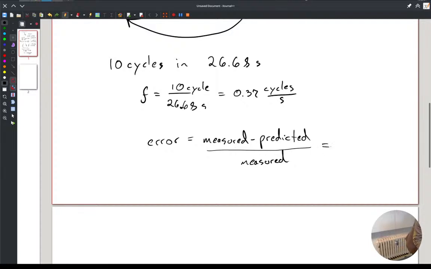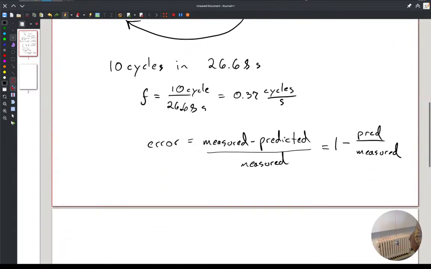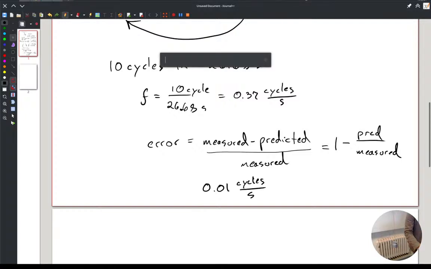But then we end up with exactly what we brought up in the first place, where we take predicted over measured, and it's 1 minus that, like the 99% kind of value. So our error is only 0.01 cycles per second, and 0.01 divided by 0.37 is about 2%.